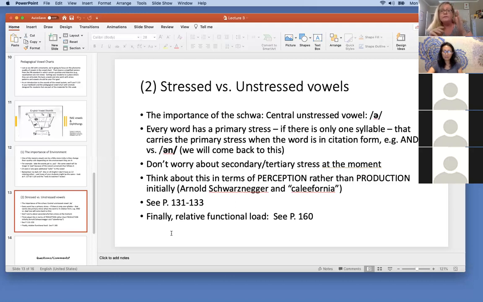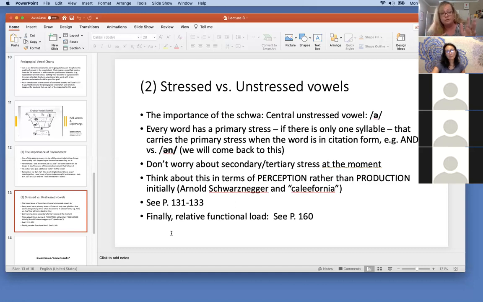Now, there's also secondary stress and tertiary stress. So hippopotamus. So hippo is a secondary stress and the major stress is on the second to last. However, really, at this point, you don't need to worry about secondary and tertiary stress.